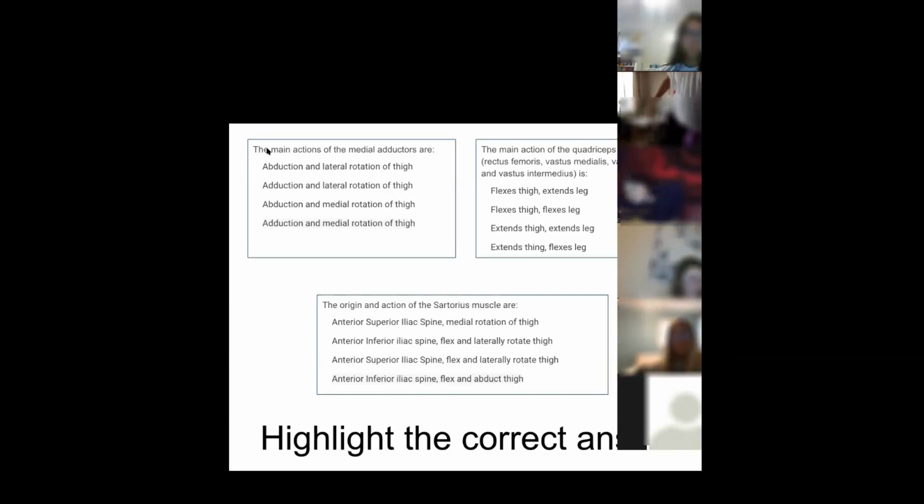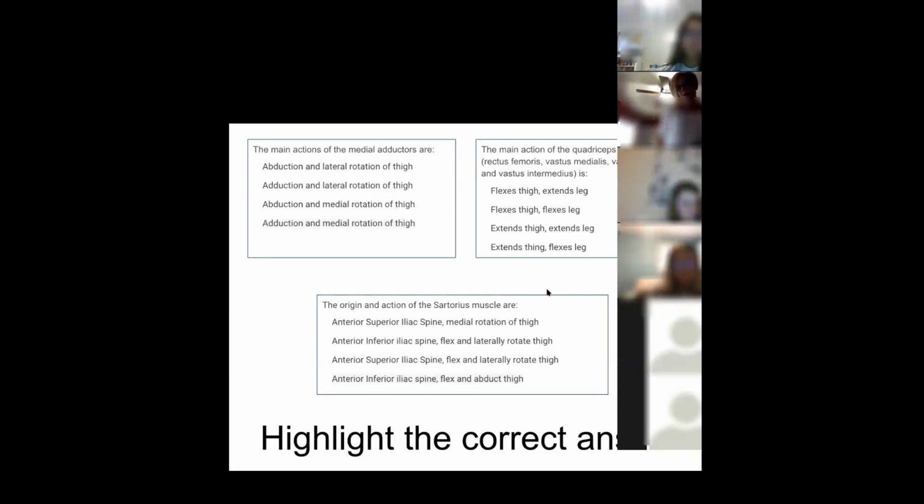If you can see, up and out. That's going to be the Sartorius. So we got a flexion of the hip, a lateral rotation because the muscle is found on the outside, it rotates laterally. If it was on the inside, it would rotate medially. So it rotates laterally, and it was anterior, and it flexes.